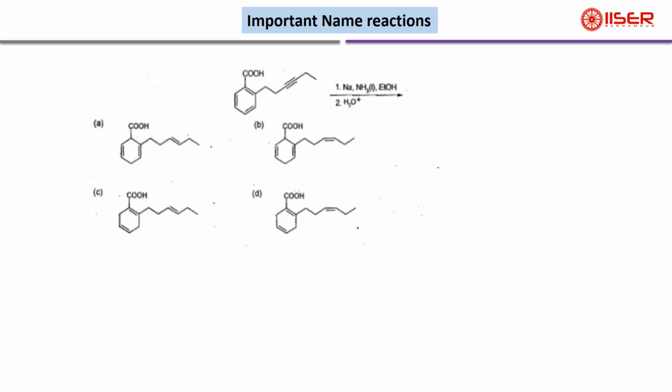What will be the product of this reaction? This is an example of Birch reduction. So CO2H group is given, that is an electron withdrawing group, so the benzene ring will be reduced. Also a triple bond is given. We know that triple bonds get reduced by Birch reduction. So what will be the product?